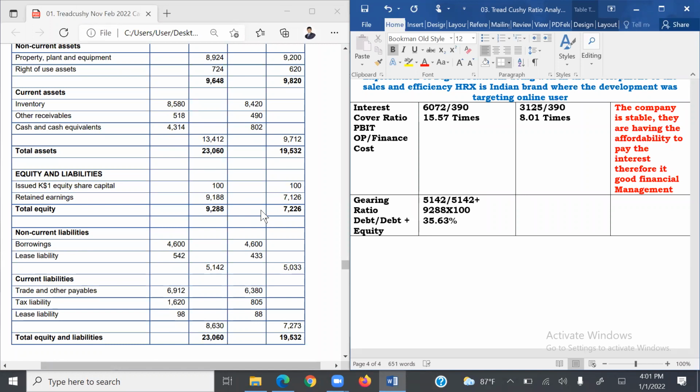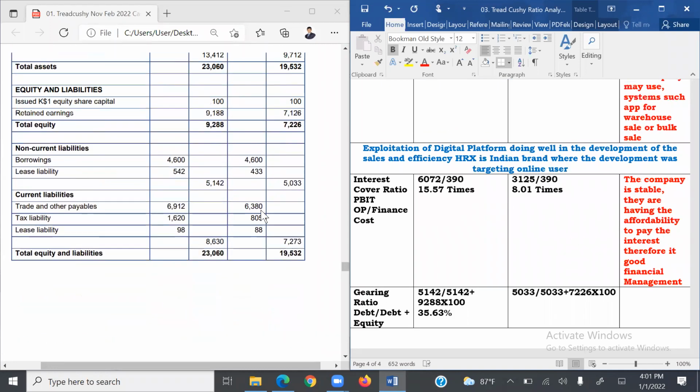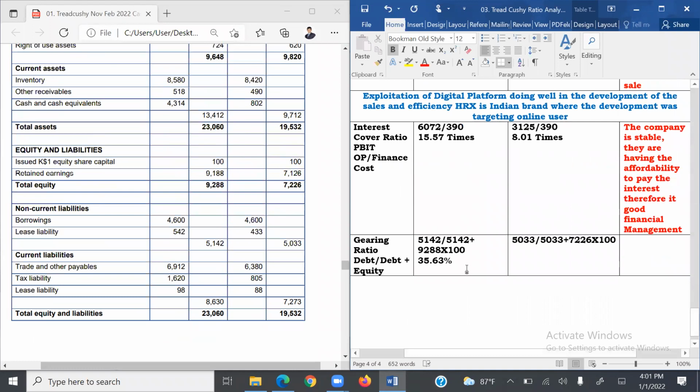And similarly, students, let's do it for the next year. 5,033 divided by 5,033 plus 7,226 into 100. So students, shall we calculate it? Yes, we can do the calculation. It's not difficult.